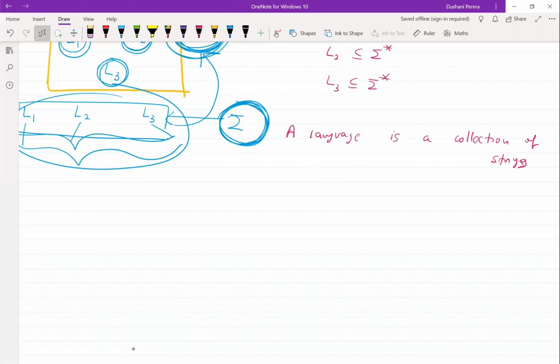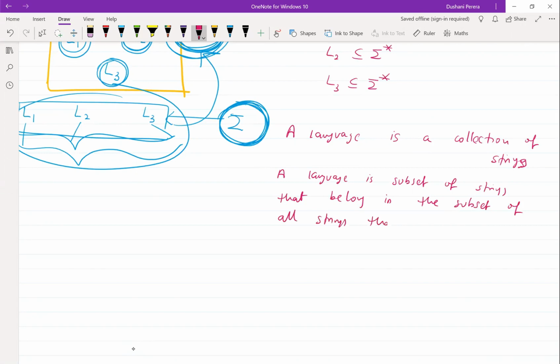Now we can say that a language is a subset of strings that belong to the set of all strings that are possible on an alphabet.